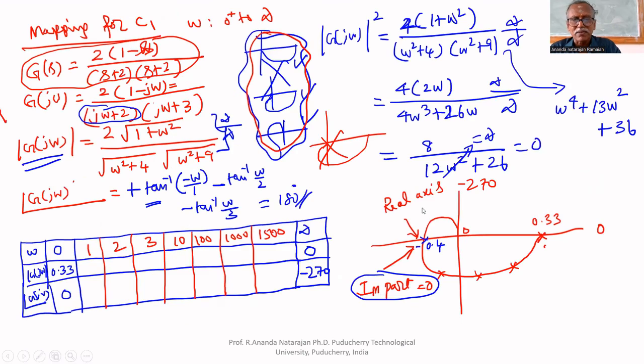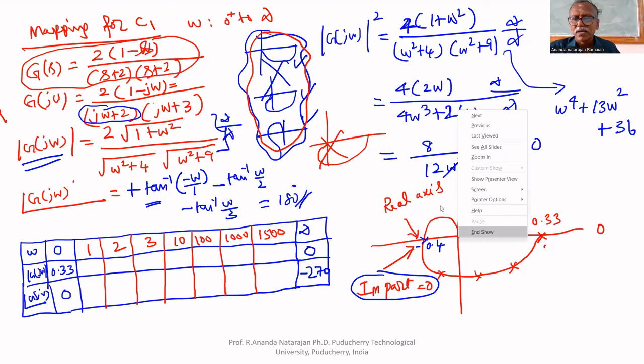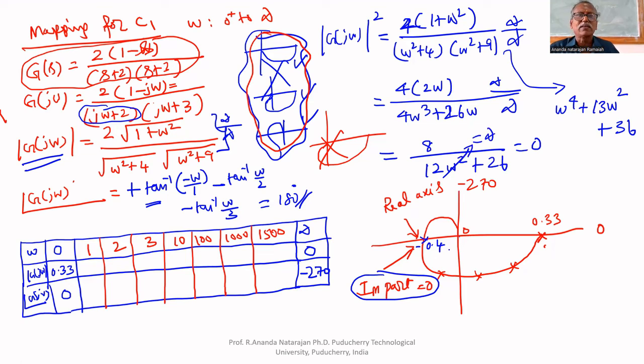Therefore, always don't worry, while substituting r e power j theta, magnitude is always 0 if the denominator polynomial is higher than the numerator polynomial. That's why no plot for that infinite radius. Its mapping is coming at origin only.